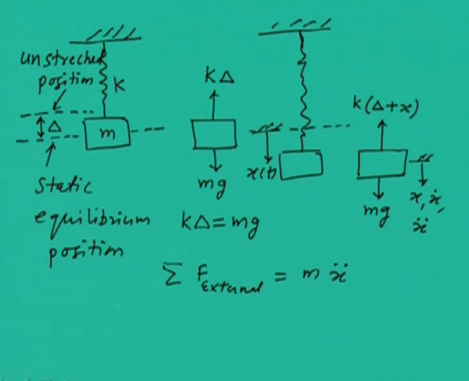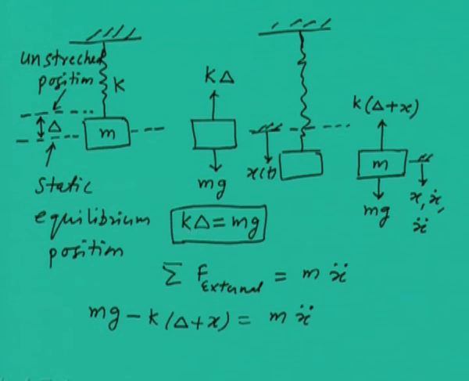The external force mg is acting in the direction of x. The spring force is acting upward, that is the negative direction of x, so we put a negative sign here. No other external force is acting, and this should equal the mass times acceleration. Now you can see that we had earlier the expression k delta is equal to mg. So here k into delta and mg will get cancelled.